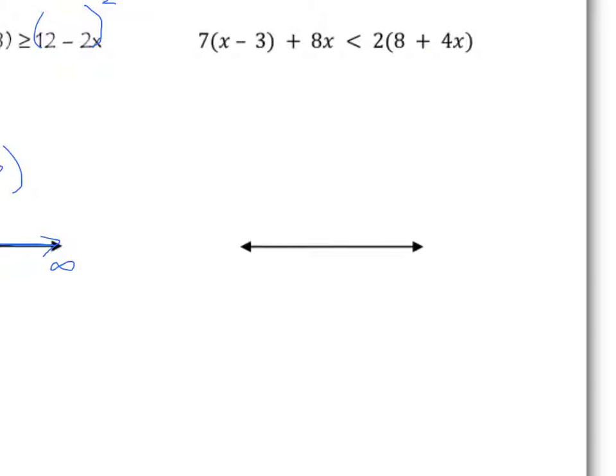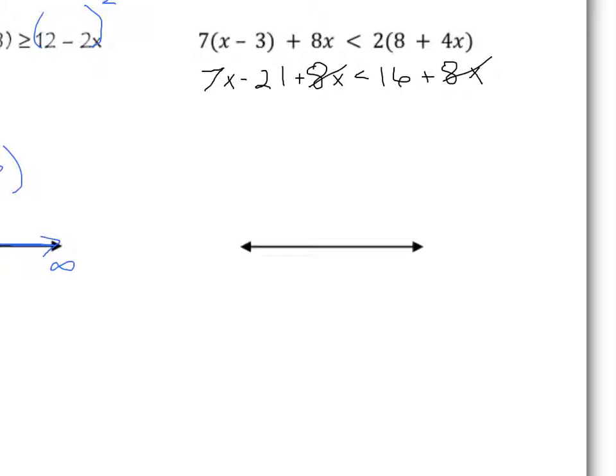I'll go ahead and demonstrate the last one. You distribute your 7x minus 21 plus 8x is less than 16 plus 8x. And so if you subtract 8x from both sides, the 8x's actually go away.